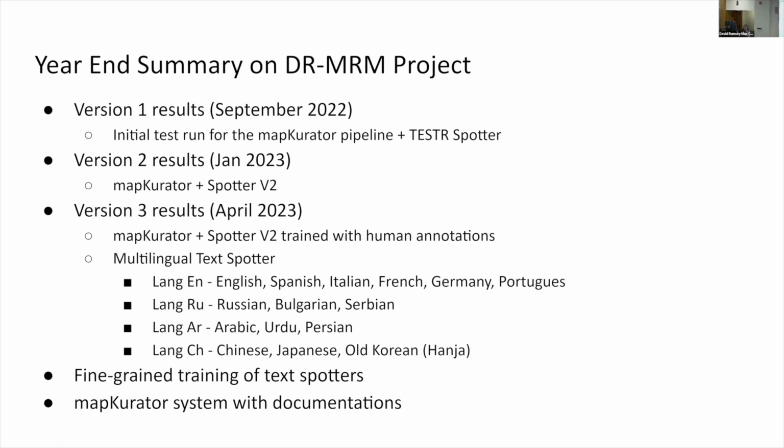And currently, we are running mapKurator with the Spotter V2 trained with human annotation for English, and we're also in the process of generating a multilingual text spotter for Russian, Arabic, Chinese, and Japanese. We also did fine-grained training for the text spotter, and we built the mapKurator system with documentation.